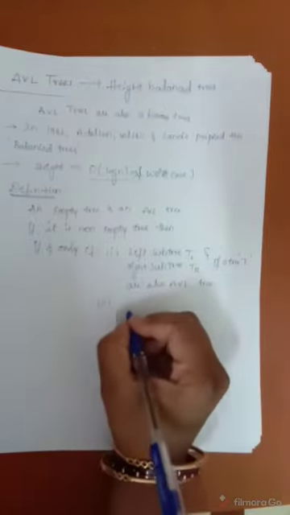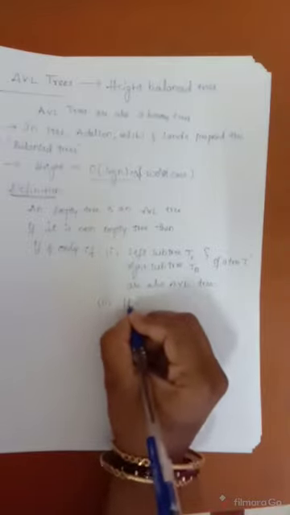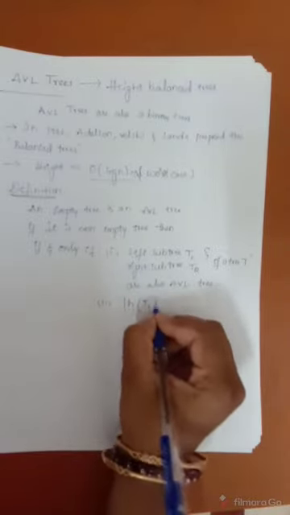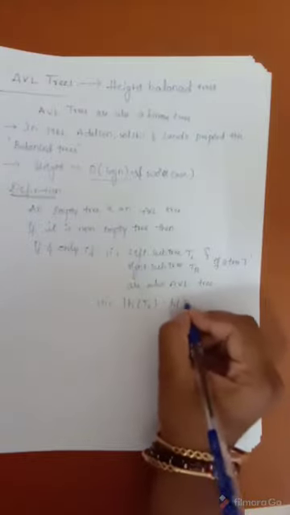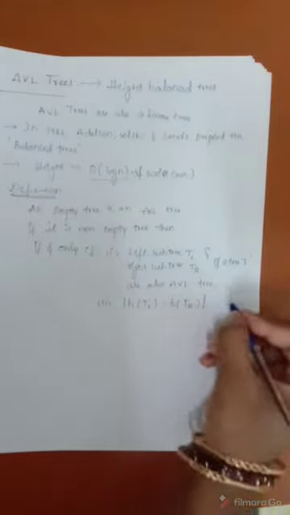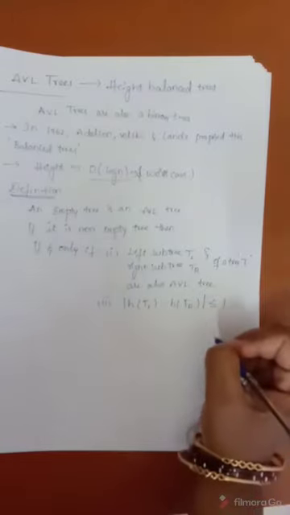Let us consider the other constraint. H of TL minus H of TR is less than or equal to 1.